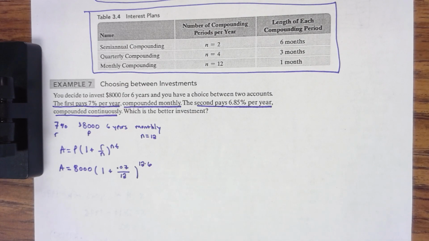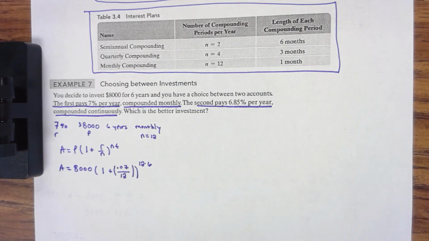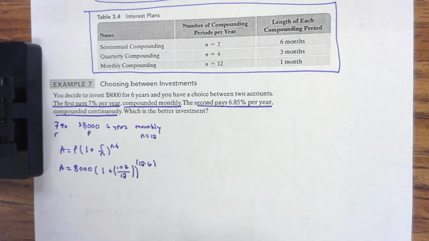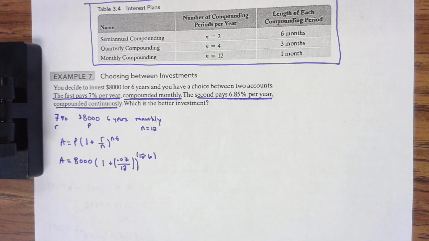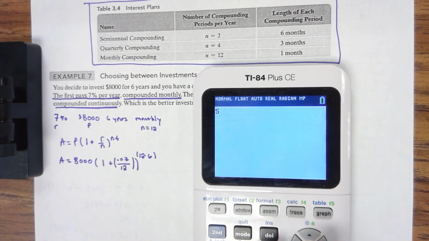And from here, it's basically just a calculator problem. Now, when you go to the calculator, you're going to need to add an extra set of parentheses around the R divided by N. For some of you, it might even be a good idea to add an extra set of parentheses into the exponent. Most of the errors that I see here are more calculator errors as opposed to you not knowing how to plug things in or set up the equation.